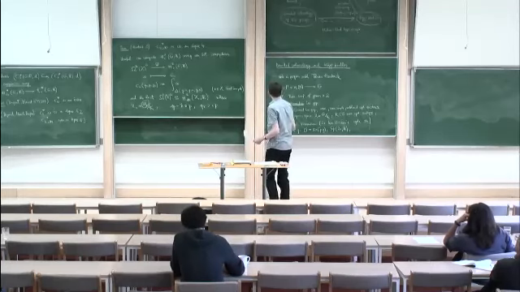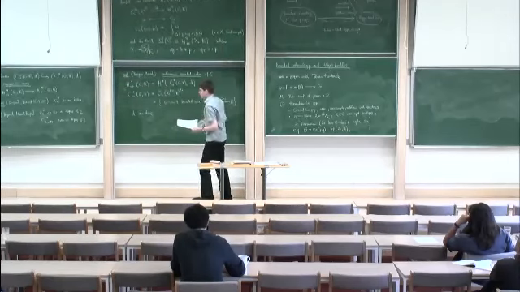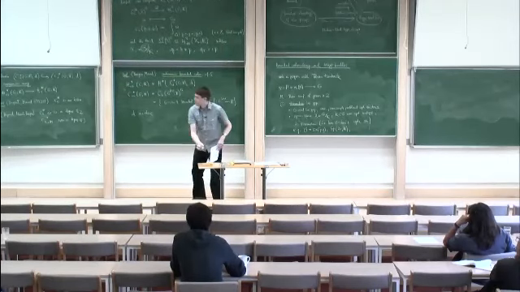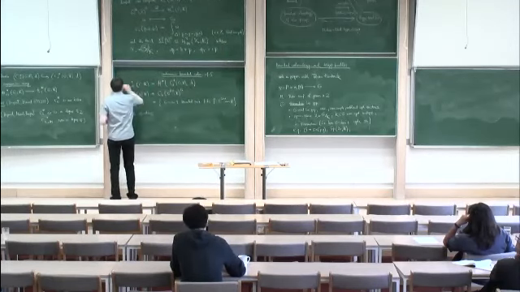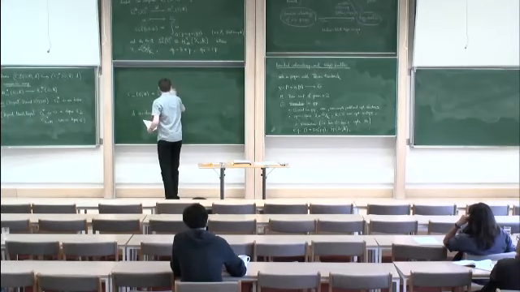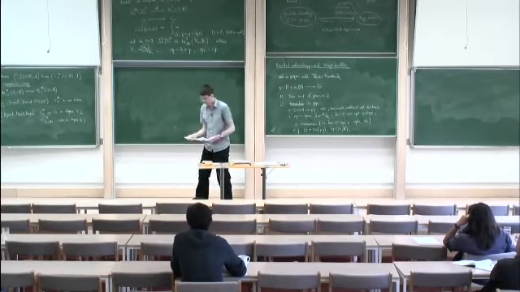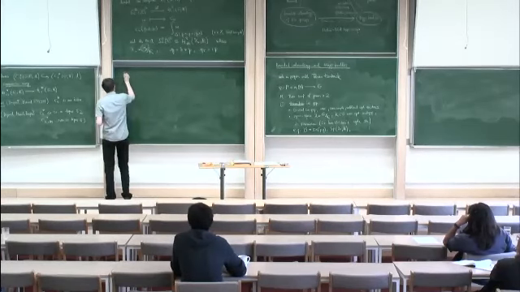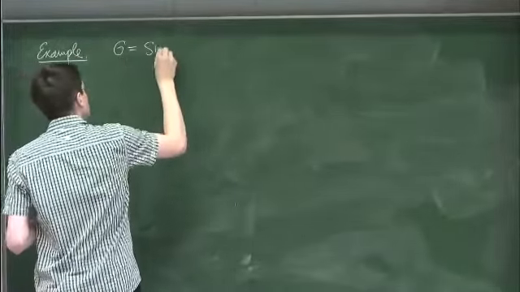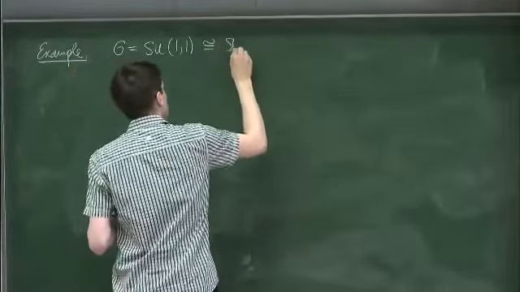So here's an example. We take the group SU(1,1), which happens to be isomorphic to SL2R.